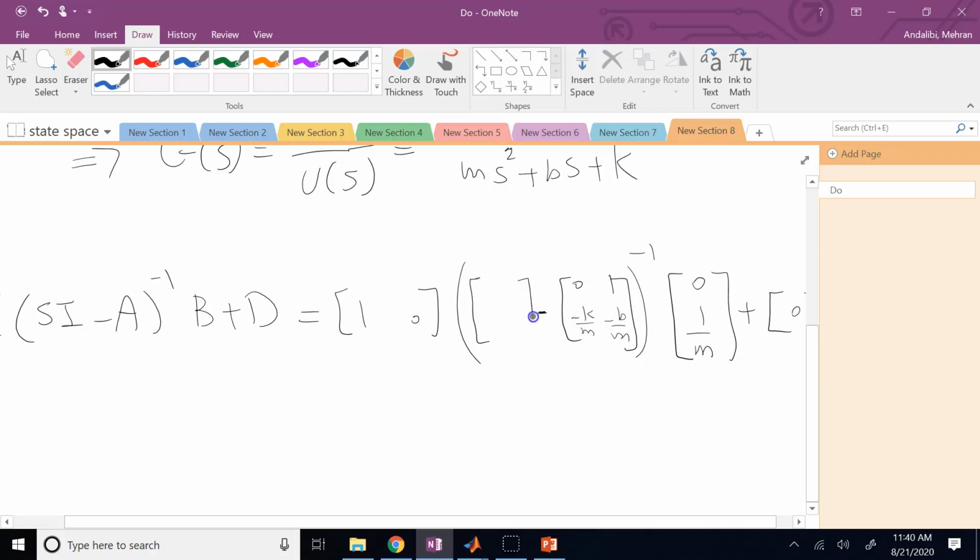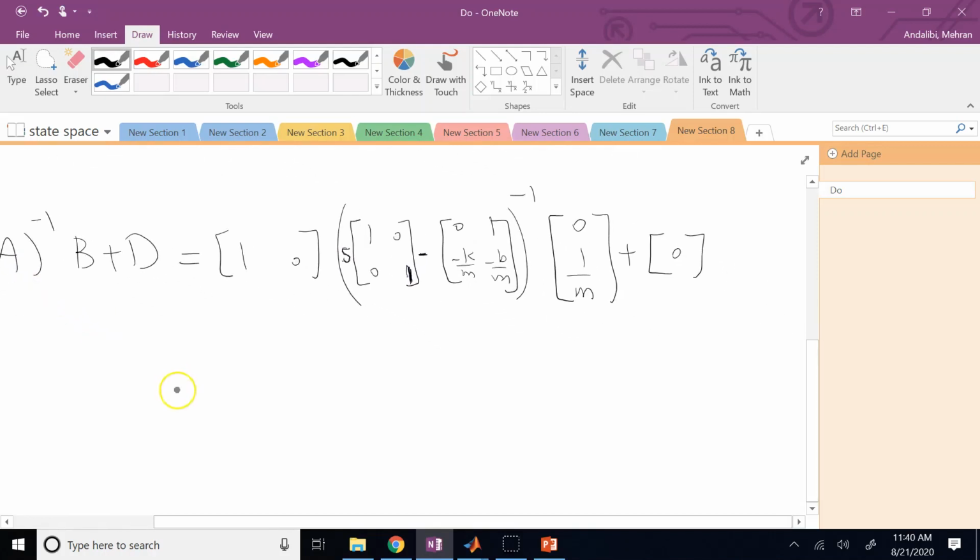This is the I matrix, 1, 0, 0, 1, and you multiply it by an S. Right? So let's simplify. So there's going to be 1 and 0. Then inverse of, so when you multiply S by this, S is multiplied by each one of the elements, and then you subtract.